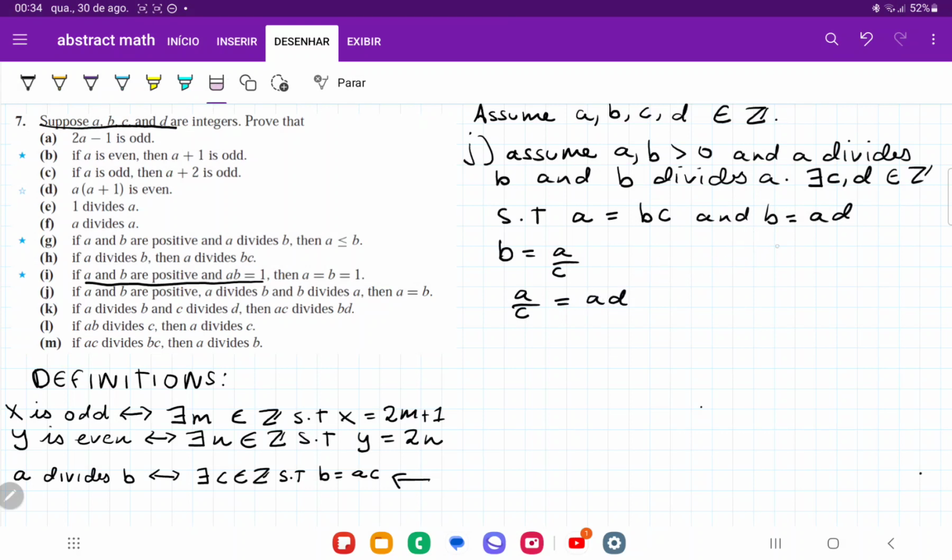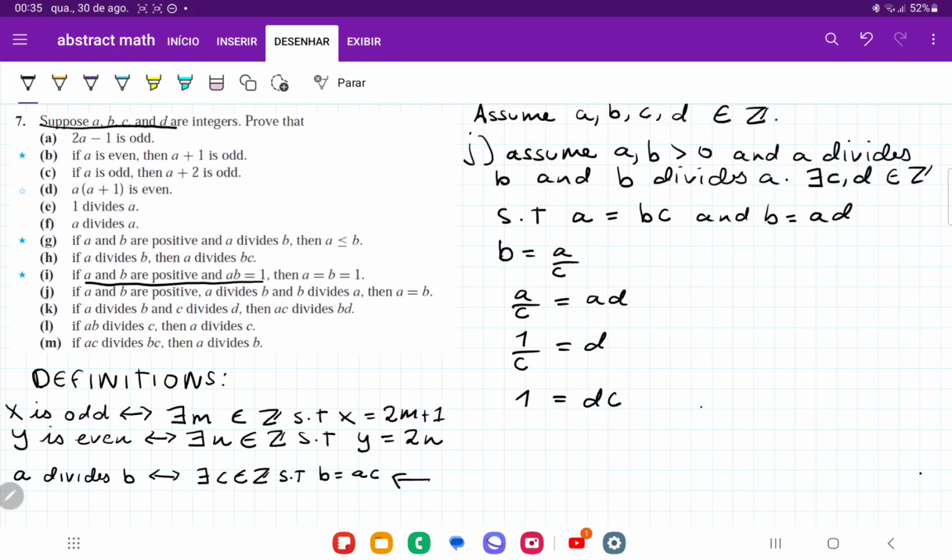And so if we divide both sides by A, we have that 1 over C is equal to D, so that 1 is equal to DC.